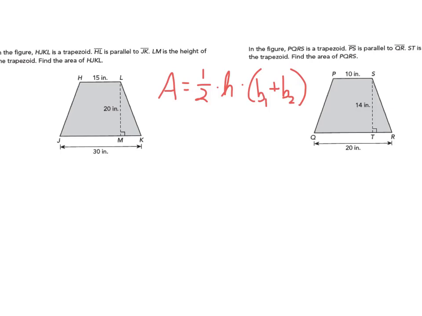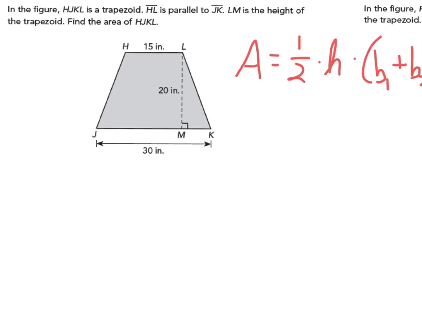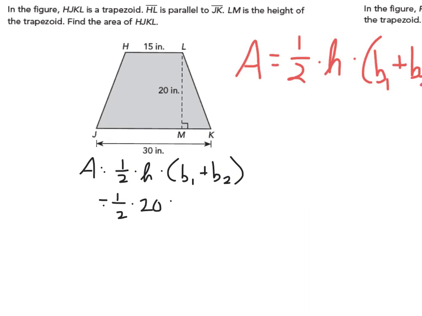When we look at the one on the left, we know that its area is going to be 1/2 of its height times the sum of the bases. They give us all the information we need here. We know 1/2, they tell us the height is 20, and the sum of the bases will be the top base, which is 15, plus its bottom base, which is 30.